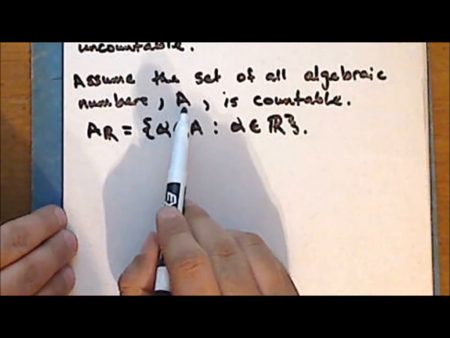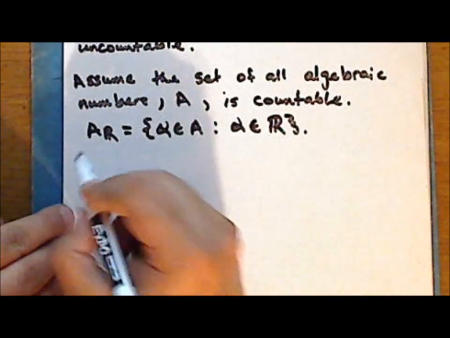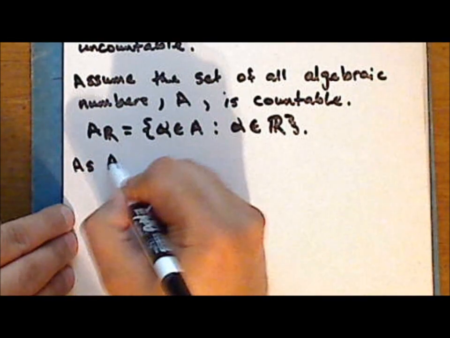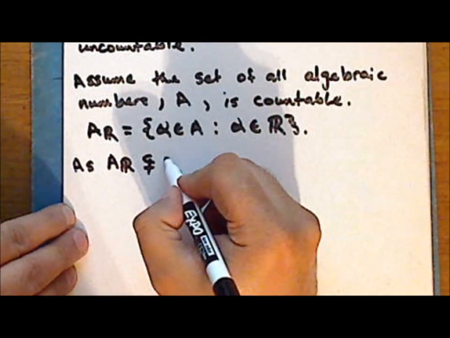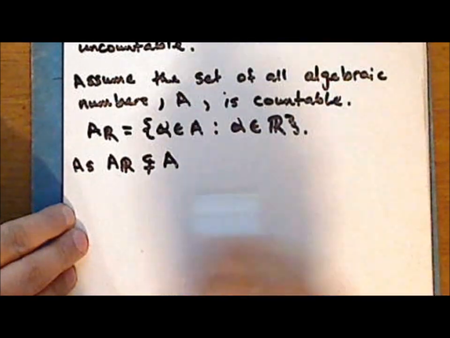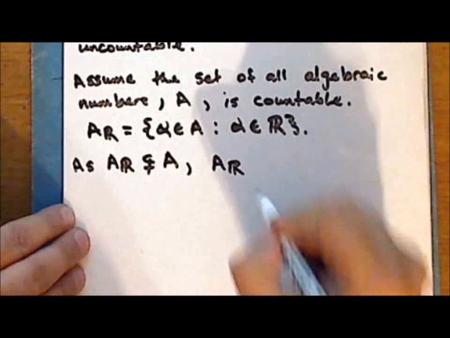Now, as we are assuming that the set of all algebraic numbers is countable, as the set of real algebraic numbers is a proper subset of the set of algebraic numbers, we have that the set of all real algebraic numbers is countable.